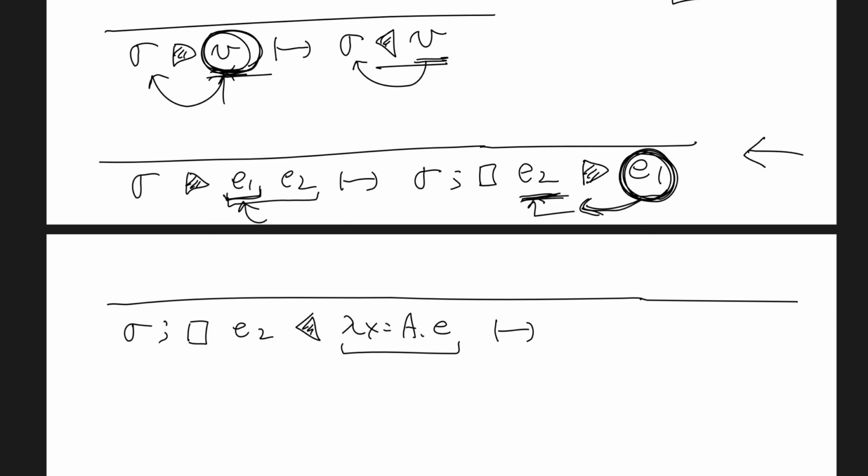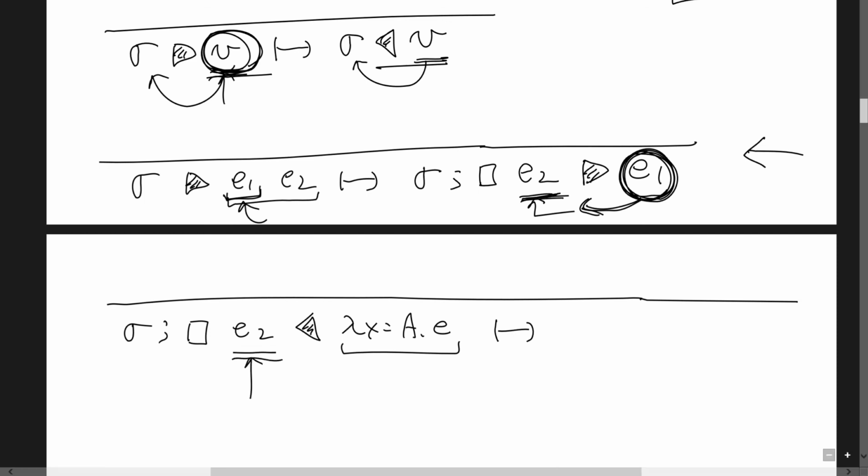Because we assume call by value reduction strategy, we are not ready to apply beta reduction because we don't know if this expression E2 is ready for beta reduction. It may be a value or it may not be a value. So the machine is supposed to analyze this expression E2 explicitly.